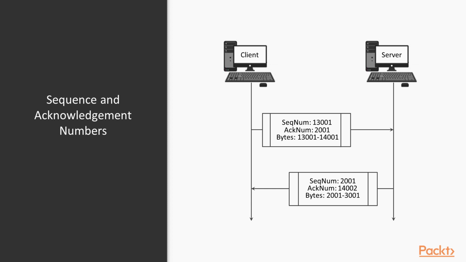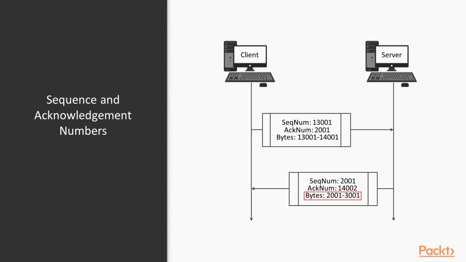Acknowledgement number is the next byte number that the receiver expects to receive, which also provides acknowledgement for receiving the previous byte. To be more clear, in this example, we see that the client on the left sends an acknowledgement number of 2001, which means that it has received data bytes till byte 2000 and expects to receive 2001 next. Hence, the client on the right sends data bytes starting from 2001.